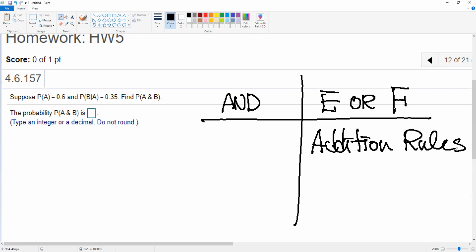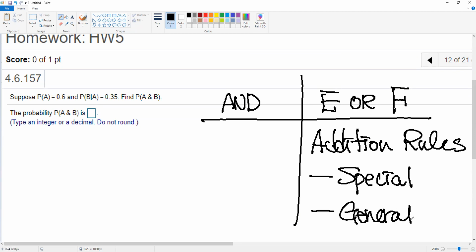We have two kinds of addition rules: one was the special one, and the other one is the general one. And now we need another rule for AND. For AND, it's A and B, or E and F. It doesn't matter, we just name it.